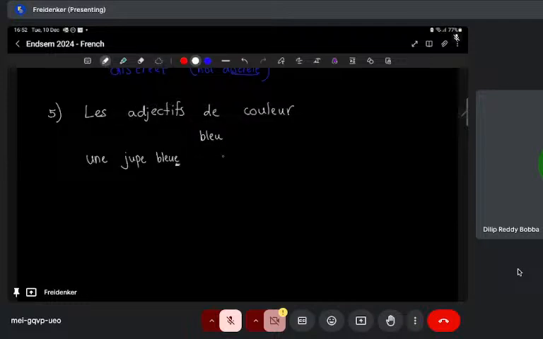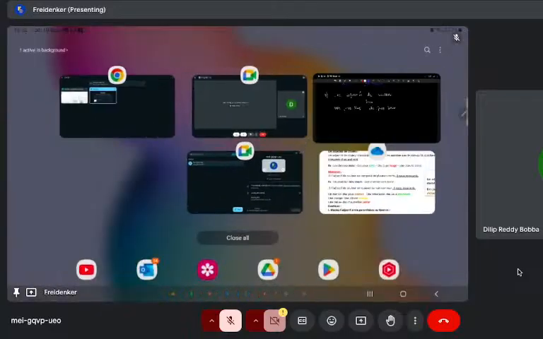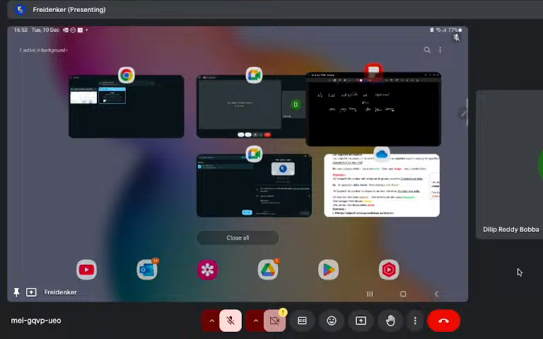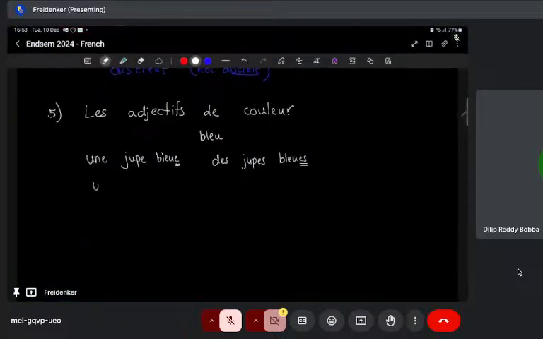And if you want to say plural, since female plural, you will get es. If you have masculine, what is there? Chemise, pantalon. Let's say pantalon.